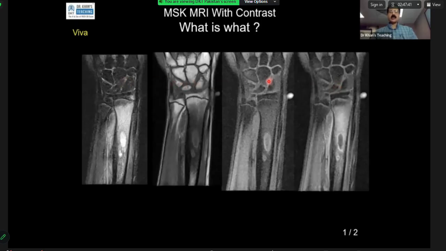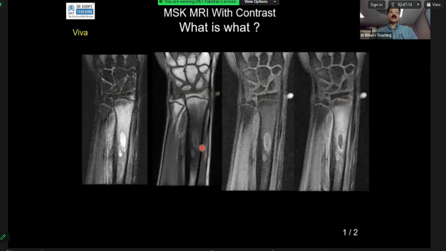When you see an aggressive lesion, a marrow lesion, I'll come back to what it is, but right now just concentrate on the sequences. The key sequences are a T1, non-fat saturated, and a STIR sequence. When you want to give contrast, you do a T1 fat saturated sequence and then a T1 fat saturated post contrast.